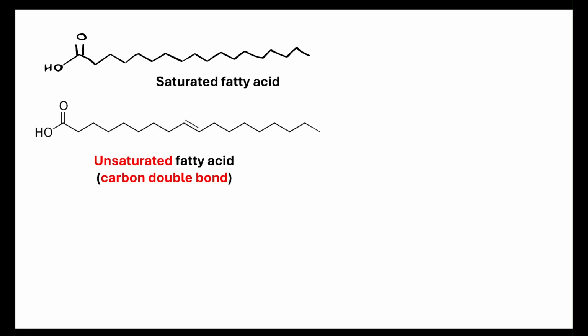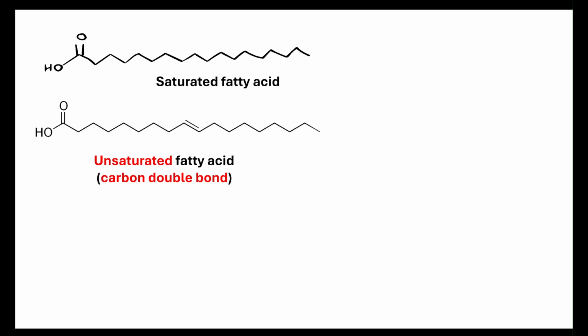So if we look at what's known as an unsaturated fatty acid then, unsaturated fatty acids don't have hydrogens at every single position. Instead, they have what's known as a carbon double bond. They are missing hydrogens, hence the name unsaturated.